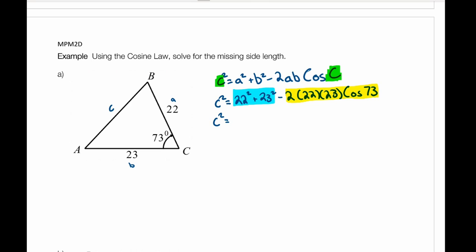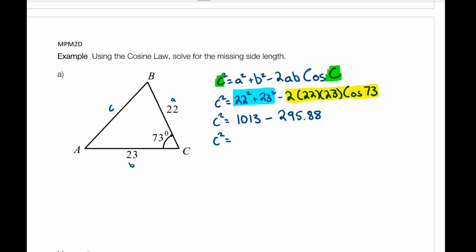So 22 squared plus 23 squared equals 1013. Minus, and if we do 2 times 22 times 23 times cosine 73, we get 295.88. Make sure that you have your calculator in degree mode because we're doing trig.